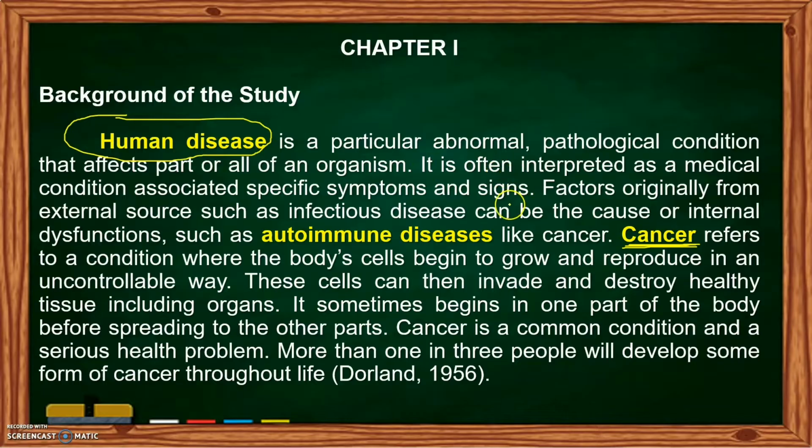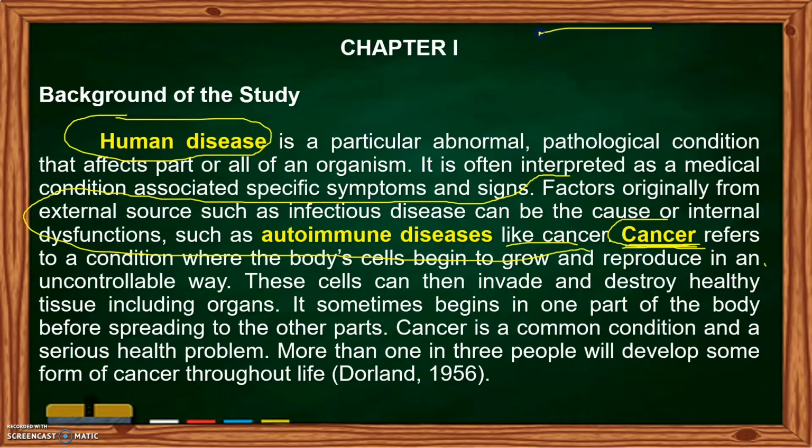And then, okay, after human disease, ito yung ginamit nilang transition sentence, which is, factors originally from external source such as infectious disease can be the cause or internal dysfunction such as autoimmune disease. And then after that, like cancer. And then sa kanila diniscuss yung cancer.